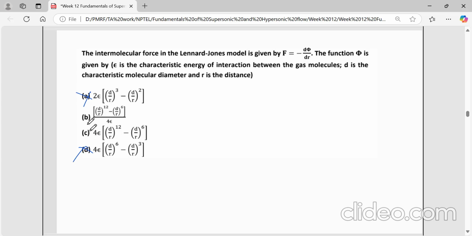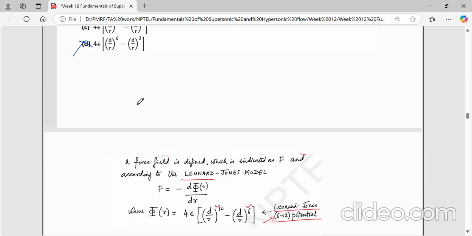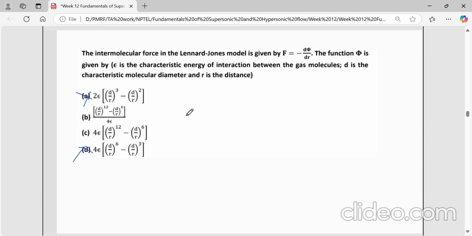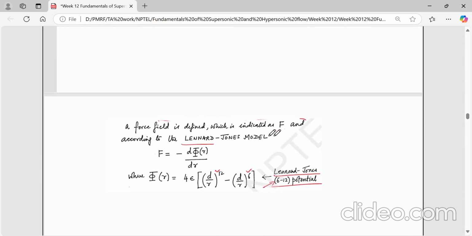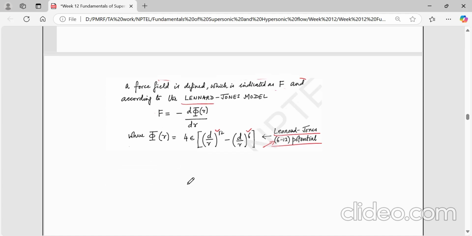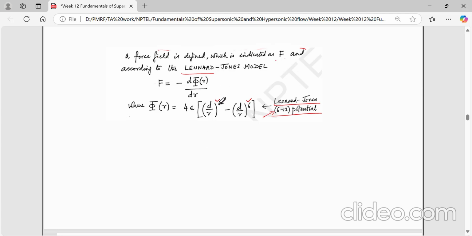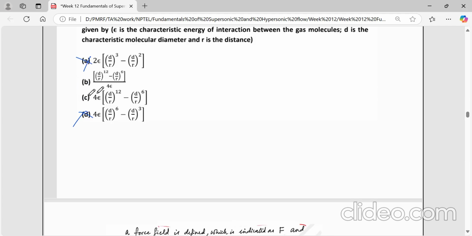Only the possibility of correct is for B and C. So now we'll see that a force field is defined for the interaction of the molecules, indicated by F, and according to the Lennard-Jones model, F equal to minus d phi r upon dr, and this phi r is given by 4 epsilon d upon r to the power 12 minus d upon r to the power 6, which is called the Lennard-Jones 12-6 potential. So this will be the correct answer, which matches with option C. So option C will be the correct answer.